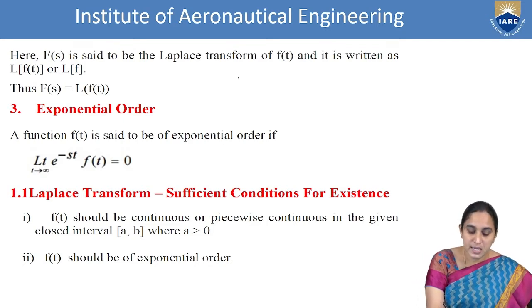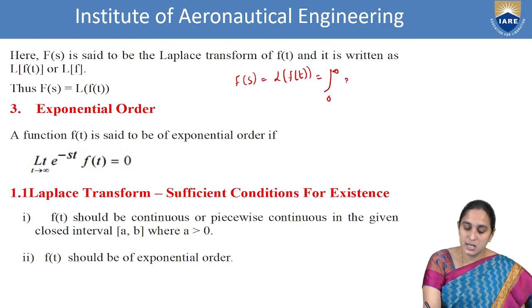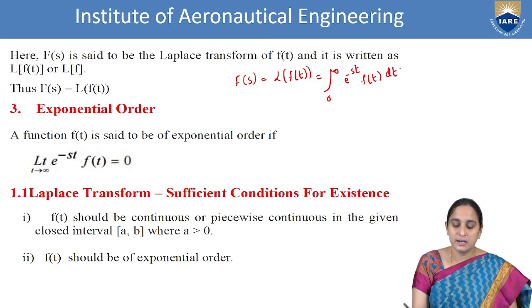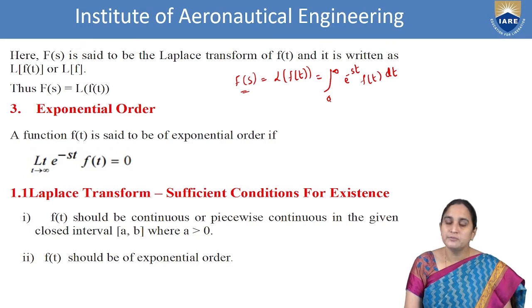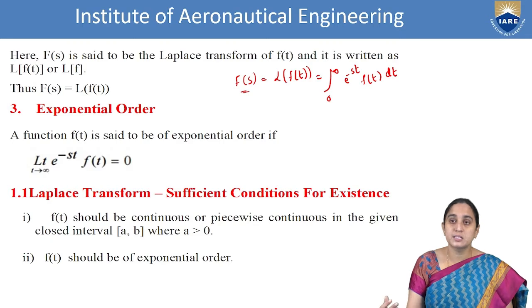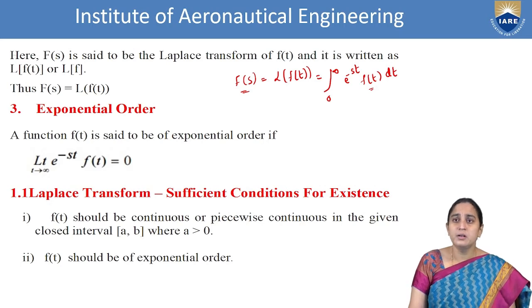Therefore, f of s is equal to Laplace of f of t is equal to integral 0 to infinity e power minus st into f of t dt. What is e power? That is the exponential function here. It is multiplied with f of t into dt.